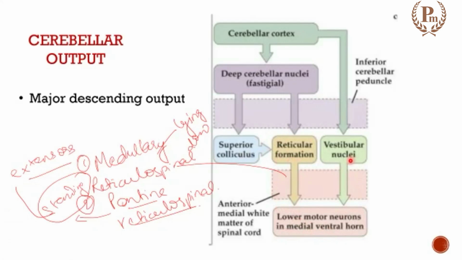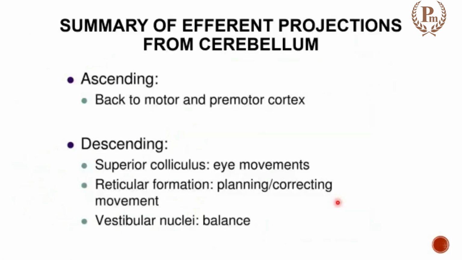These vestibular nuclei make connections to the anterior horn cells present in the spinal cord via the vestibulospinal tract. This is just a revision of what we have already learned. This is like enforcing it again and again. Hence, what is the summary of the major efferent fibers?